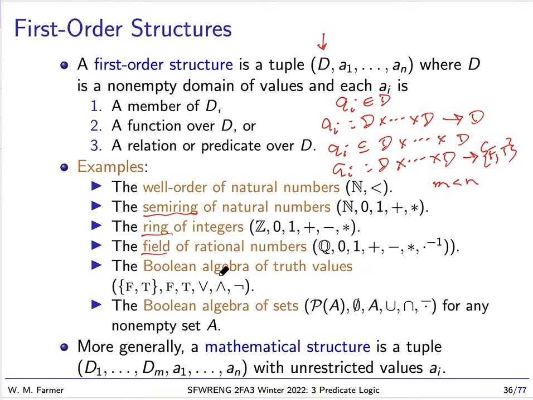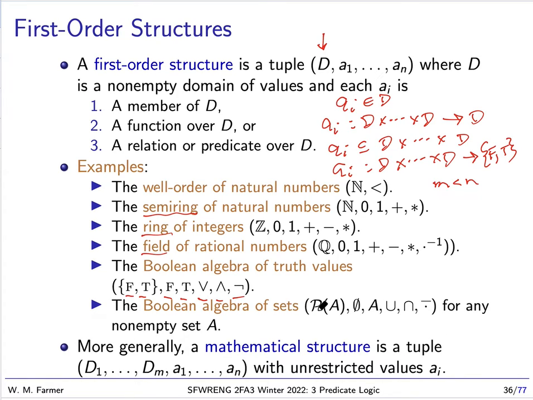The domain for a Boolean algebra of truth values is false and true, and then there's a 0 element which plays a role played by F, a 1 element played by T, and then we have an element which is like the join of a lattice, this is like the meet, and this is complement.